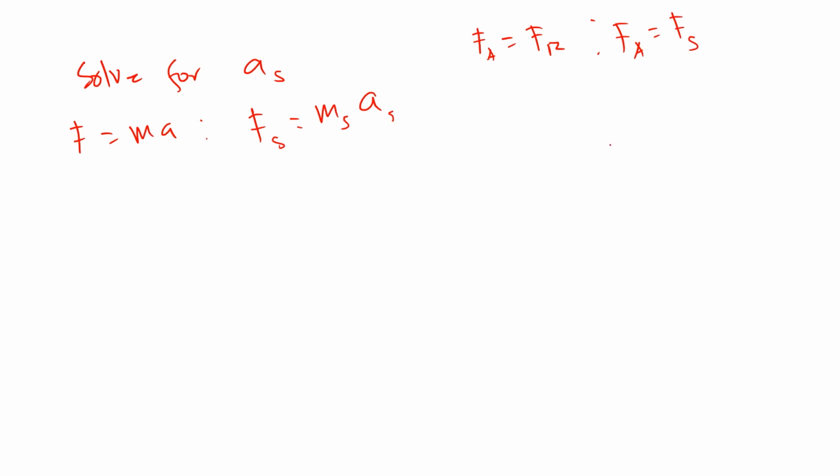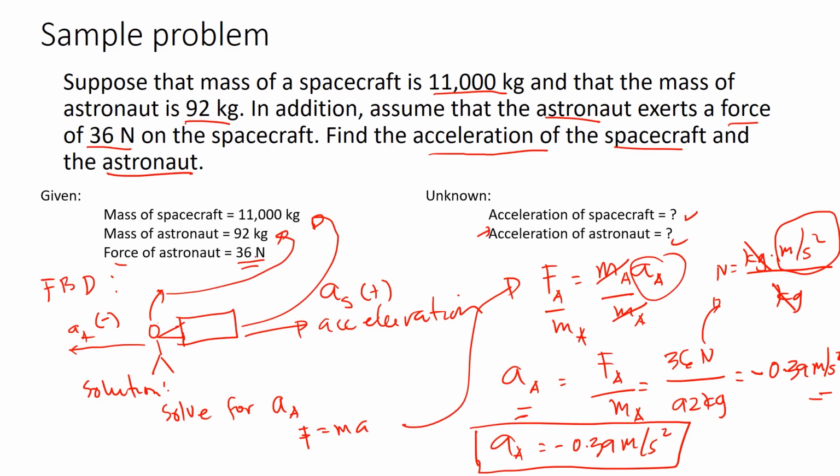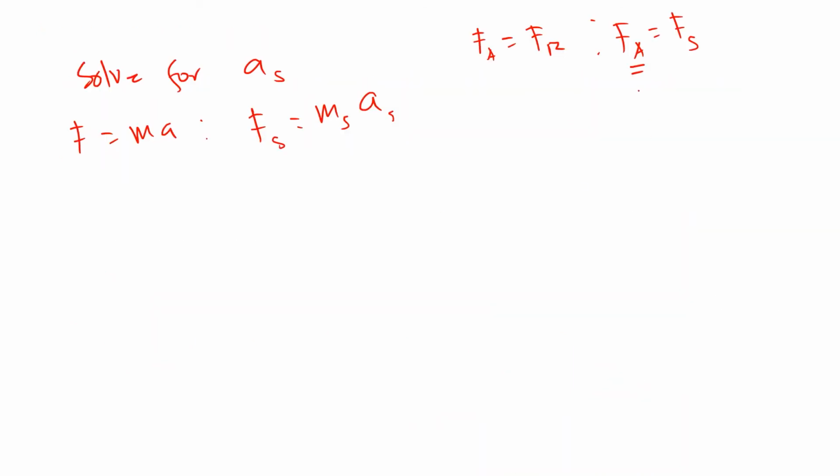the spacecraft. That means the force of the astronaut here, which is given by this value, the 36 newtons, can be used to substitute as the value for the force of the spacecraft.